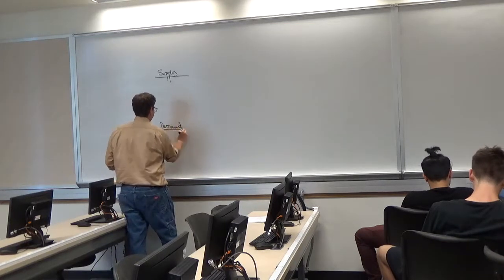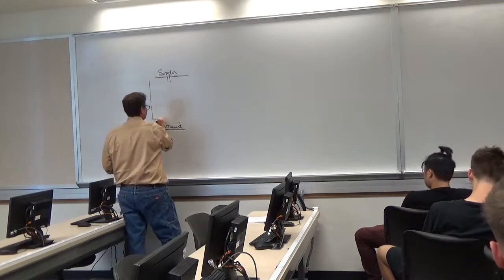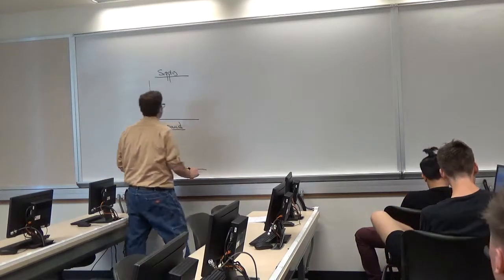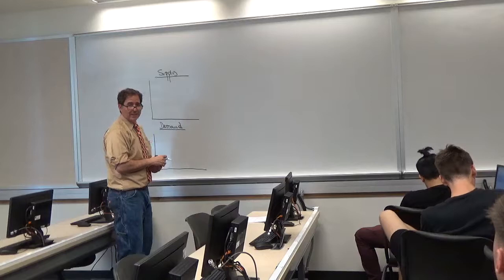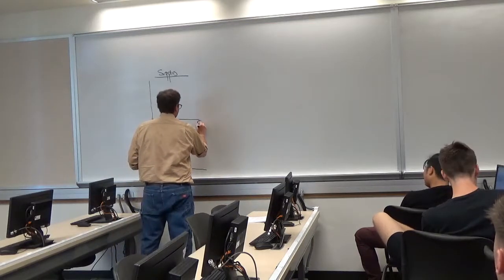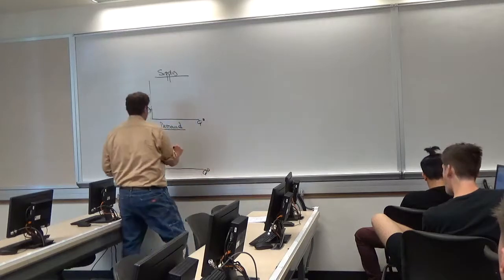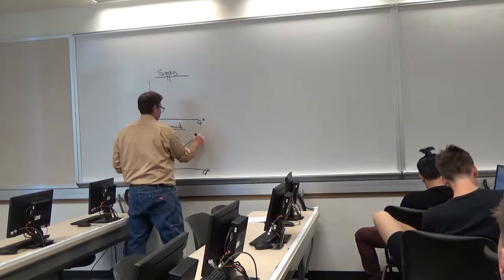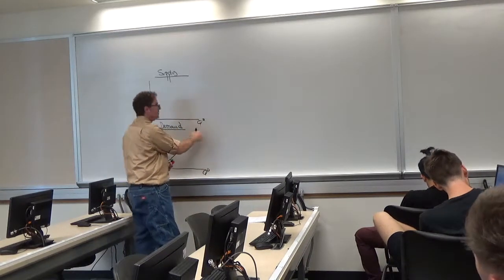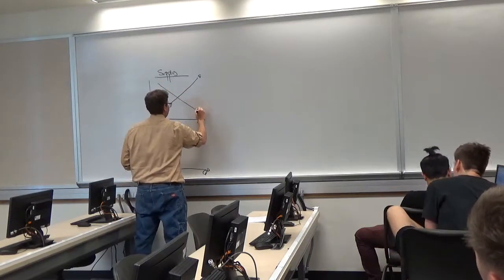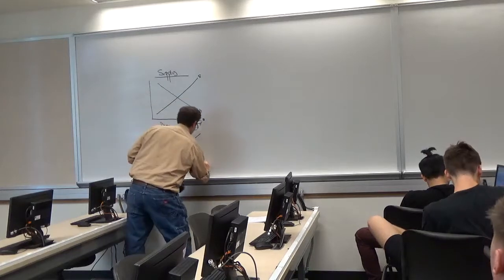This should bring back some nightmares from your microeconomics class. How many people like economics? Yeah, I love it too. Q supply, quantity demanded. What's this curve? Supply. Got it. And what's this? Demand. Got it.